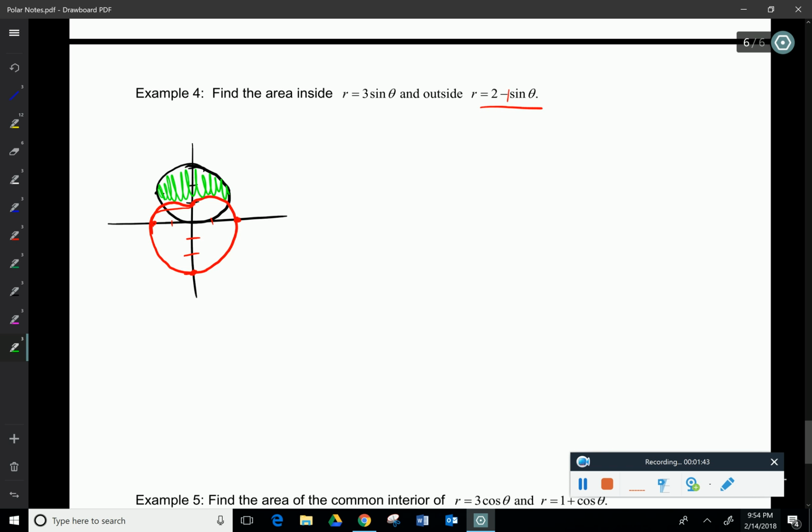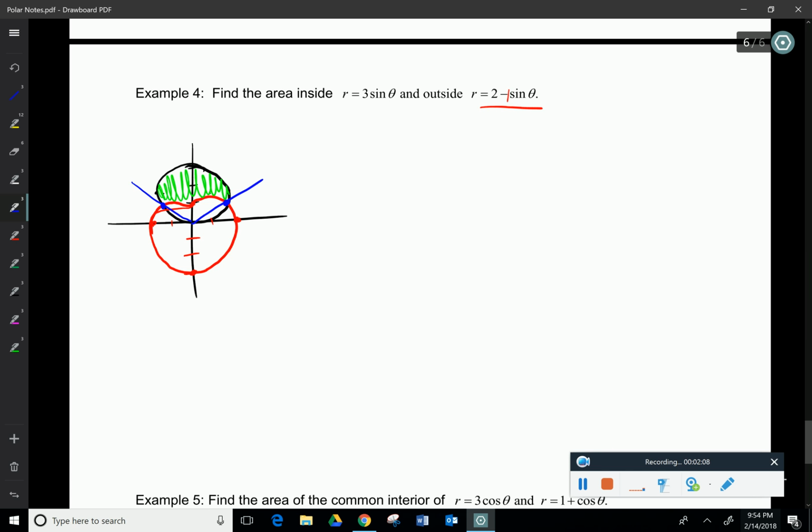Now, I'm not looking at tangents at the pole. What I really need to come up with are those angles that form the points of intersection. I see a point of intersection here and a point of intersection here. So I need to find this angle and this angle.